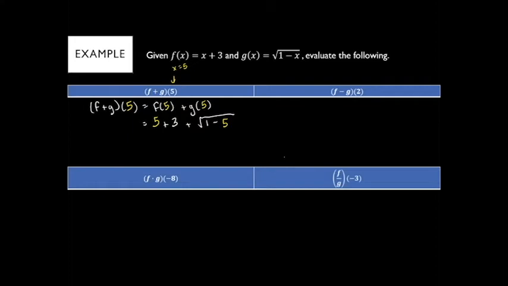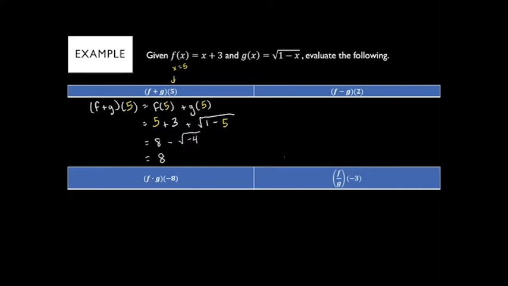When you're evaluating, it means you follow order of operations. So we've got 5 plus 3, which is 8, plus, and then 1 minus 5 is negative 4. So we have the square root of negative 4. This is going to give us an imaginary number. We can pull out the i from the negative, and then the square root of 4 is 2.